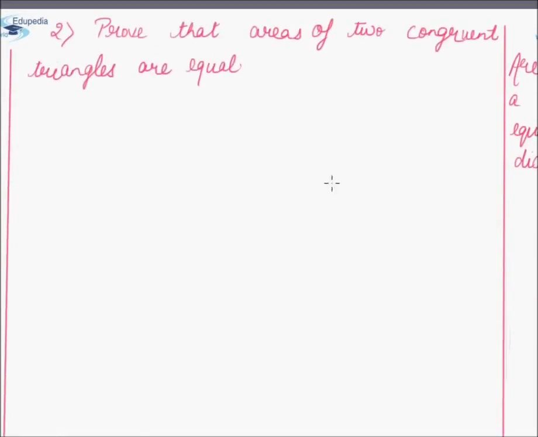The second question says, prove that areas of two congruent triangles are equal. Friends, let us construct two congruent triangles as triangle MNO and triangle TUV.